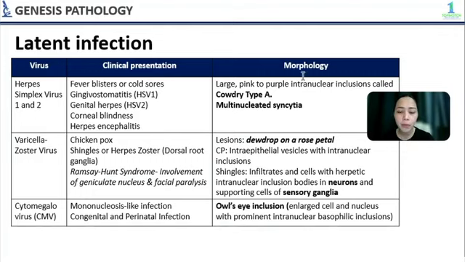In terms of morphology, nagpa-present siya with large pink to purple intranuclear inclusions called your Cowdry type A cells. Nag-fuse din yung cells nila and it produces this multinucleated syncytia. Next is varicella zoster virus, which is the cause of chickenpox and shingles or herpes zoster.